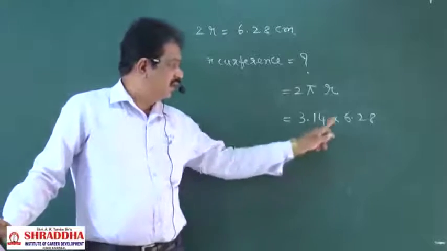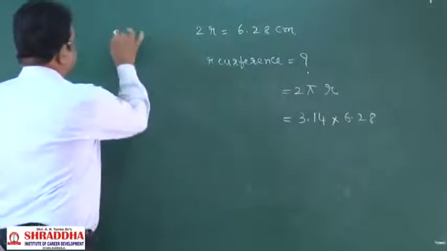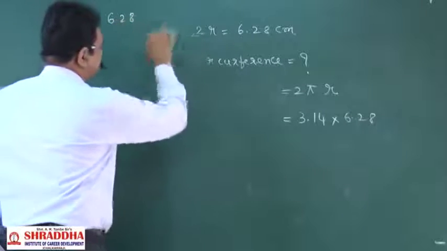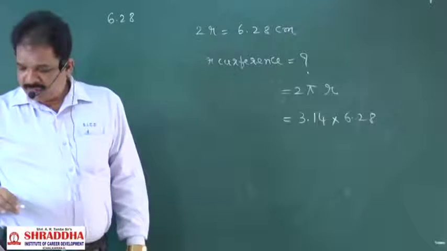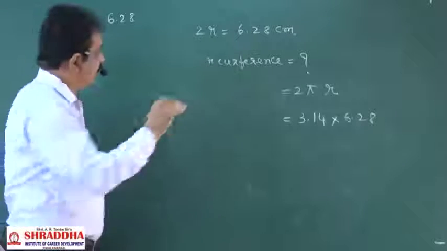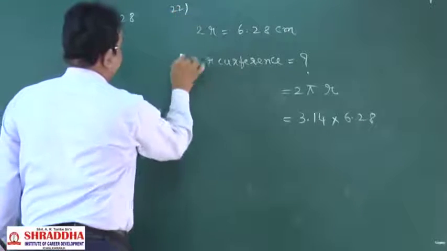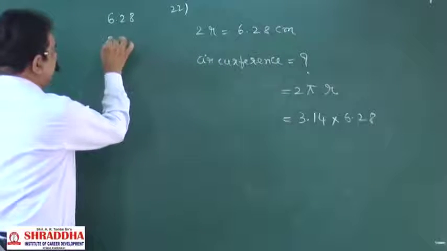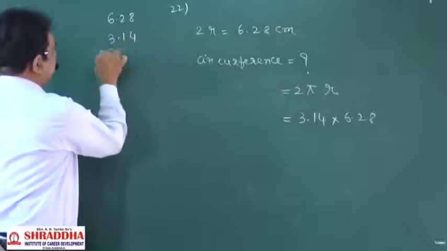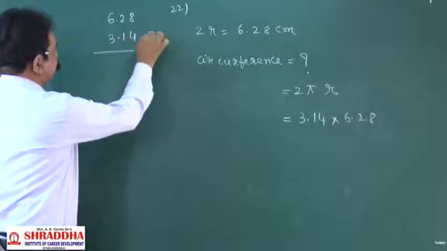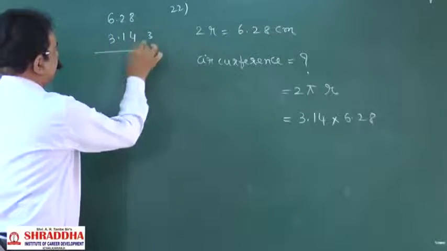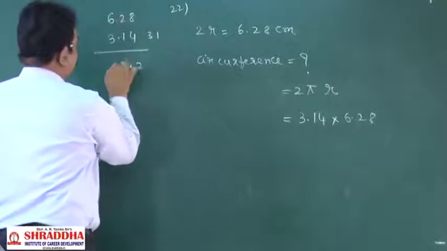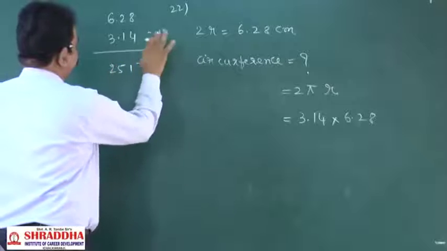What to do? See, multiply 6.28 into 3.14. 4 8s 32, 4 2s 8, 3 11, 4 6 20, 4 1 25.